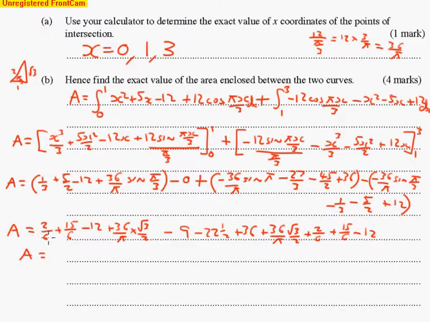Area equals, right, I've got 2, 6, let's add up my 6, I've got 15, 16, 17, and 17 is 34 on 6. I've got minus 12 minus 9, that's minus 21. Minus 12 is minus 33. Plus 36 is plus 3.